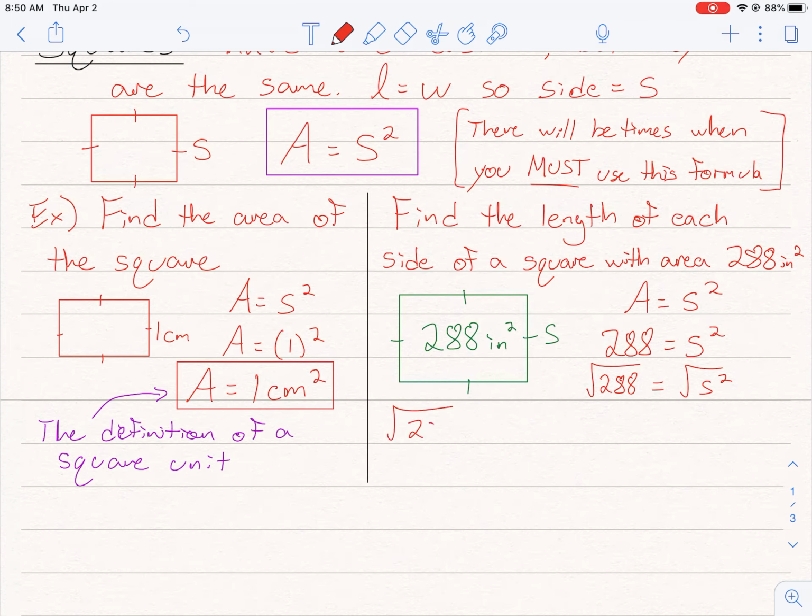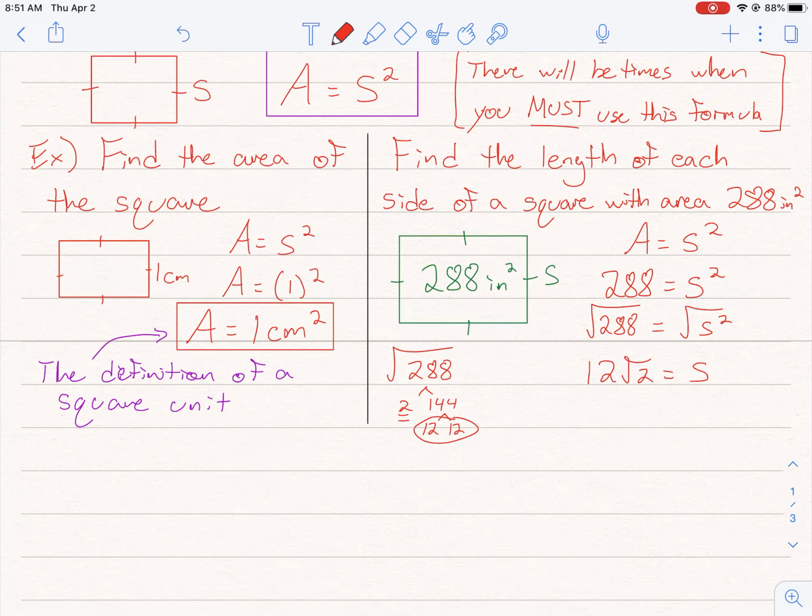So remember when we're doing square roots, we got to break this apart a little bit. So if I divide by 2, then that's 144, and then 144, that's a perfect square of 12 and 12, so that means that 12 comes out, 2 remains. Remember, back to your simplifying square roots. So this turns out to be 12 square root 2 is equal to our side length.